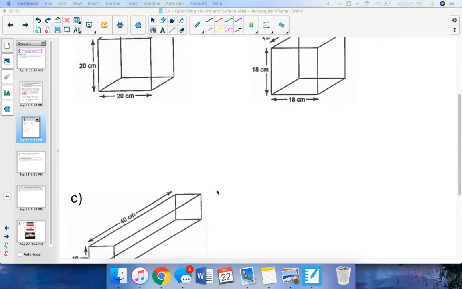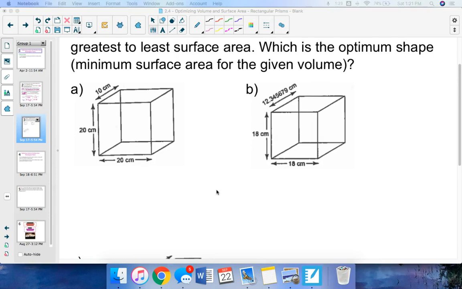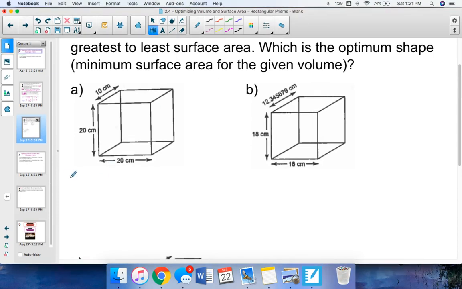So how do we calculate surface area? We'll do one calculation together. Surface area, like I said, is 2 of A1 plus 2 of A2 plus 2 of A3.